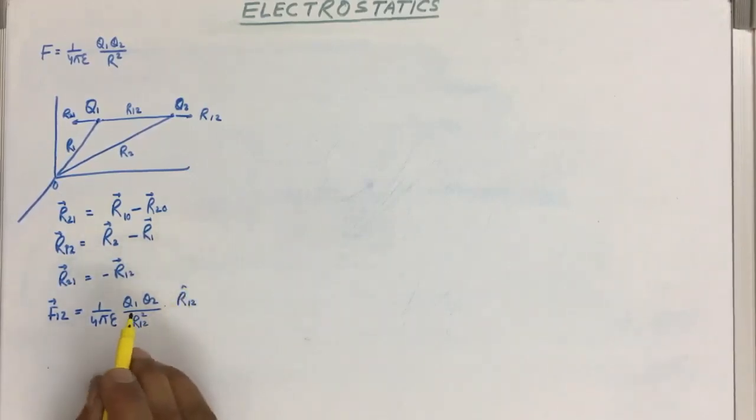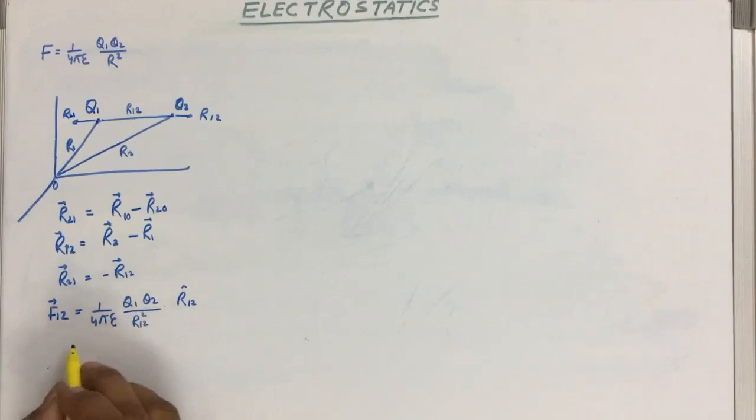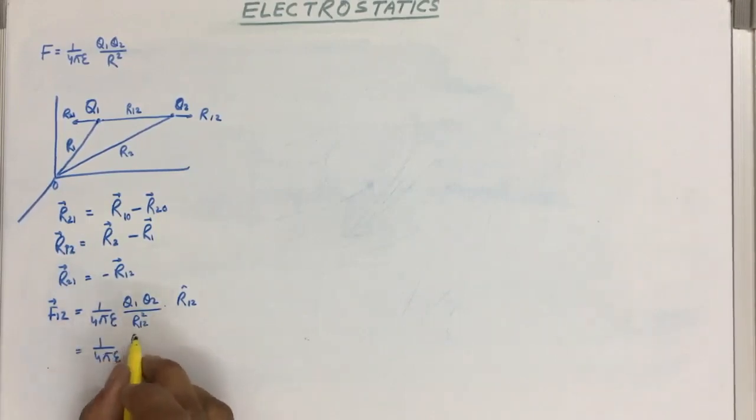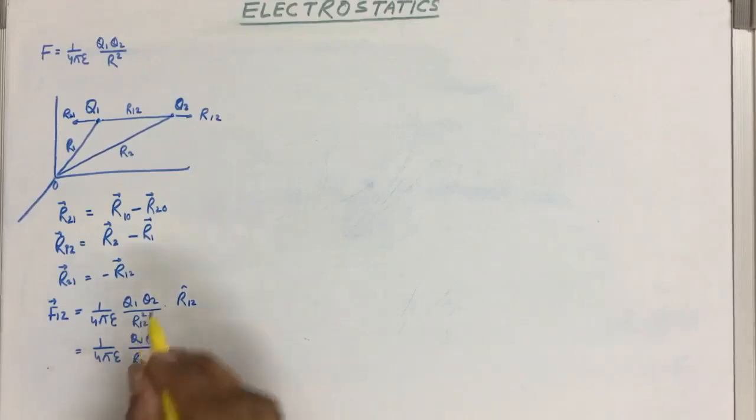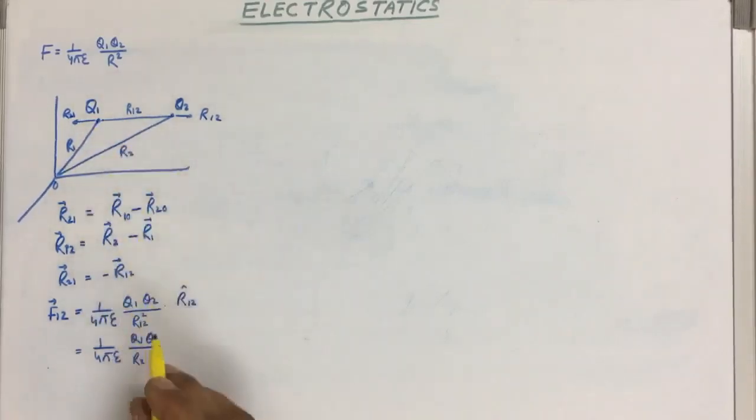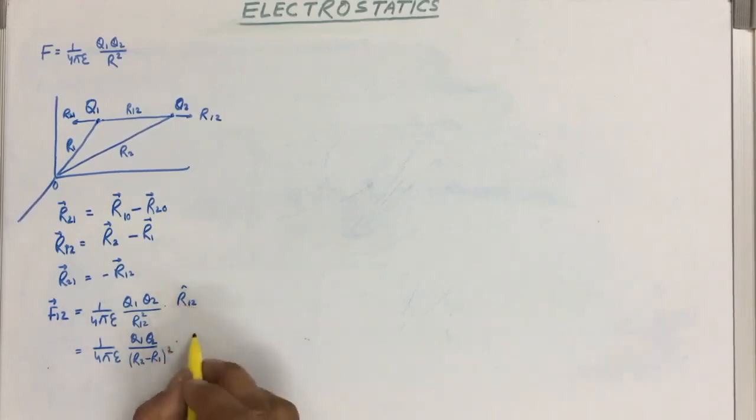If we further simplify this, then we find 1 by 4 pi epsilon q1 q2 by |r2 minus r1| whole square, multiplied with r12, which can be written as the r2 minus r1 vector divided by its magnitude.